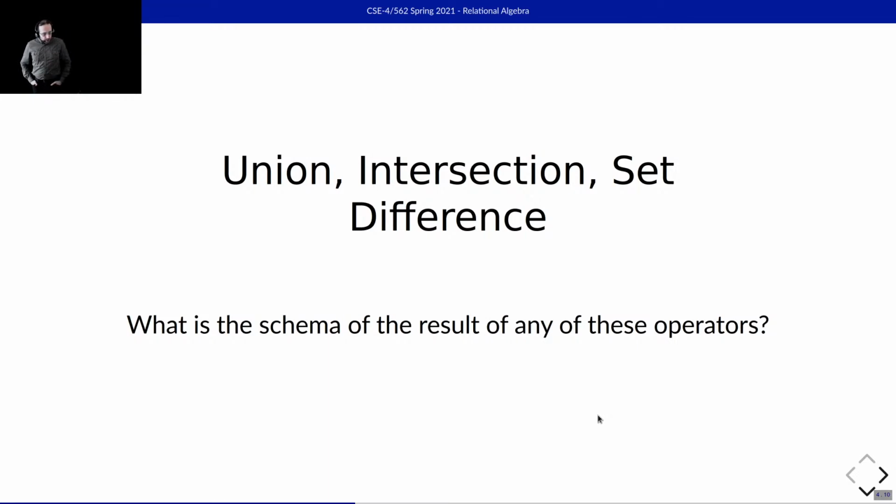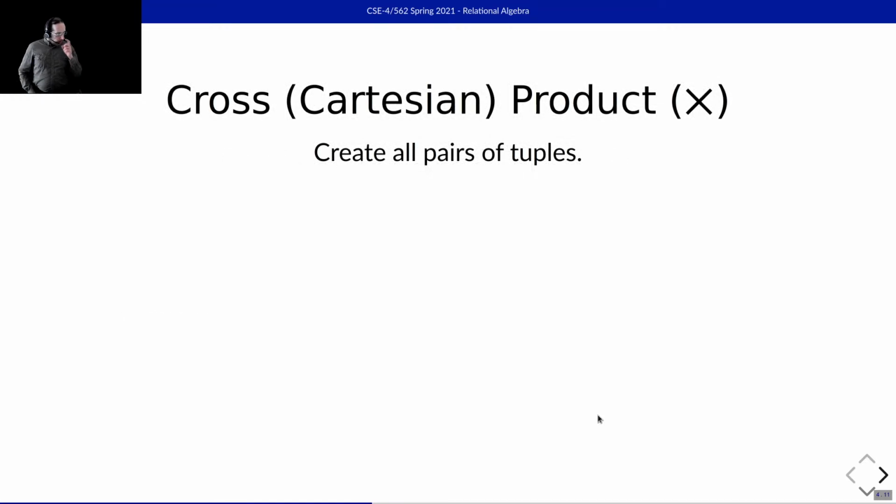Okay, so for union, intersection, and set difference, what is the schema of these operators? All right, hopefully the stream will catch up there. We talked about union, set difference, and intersection.